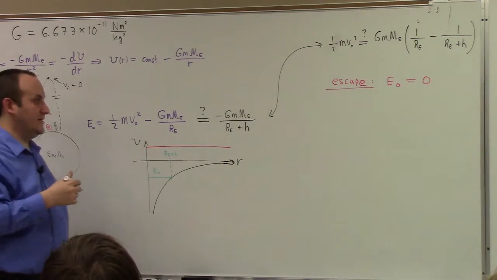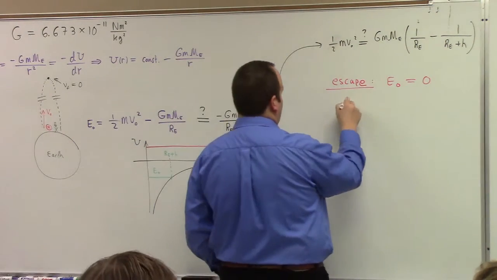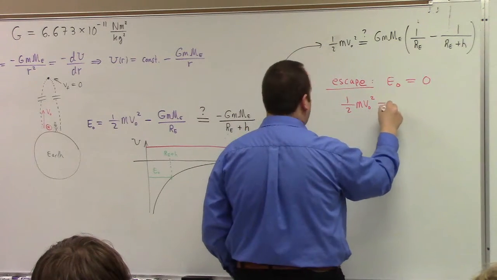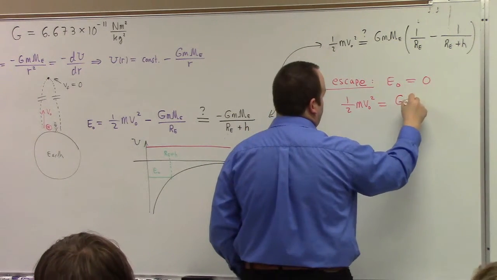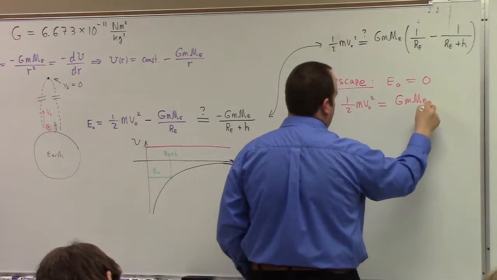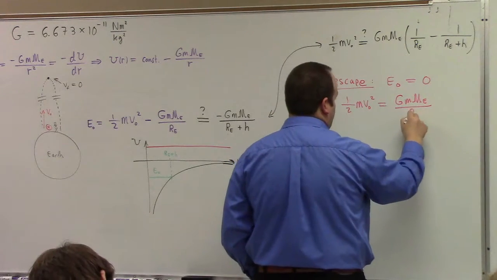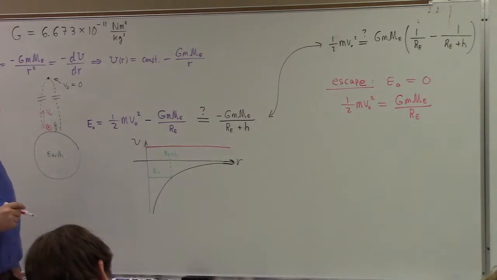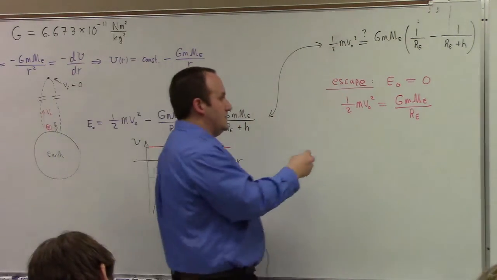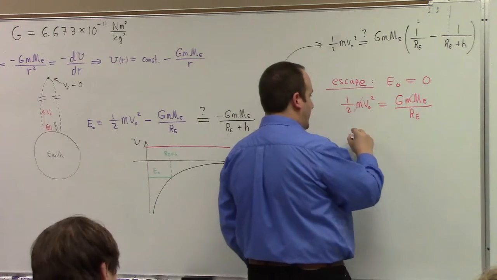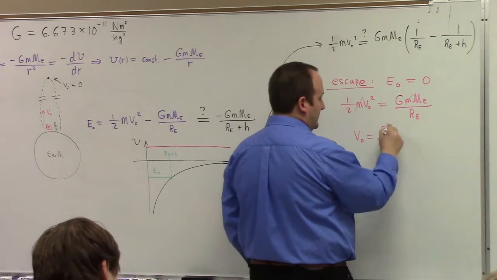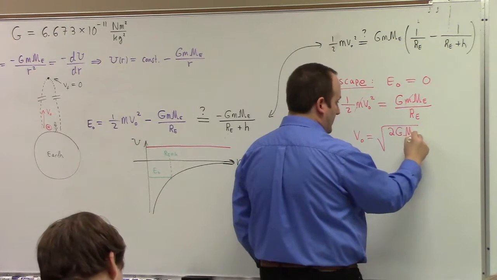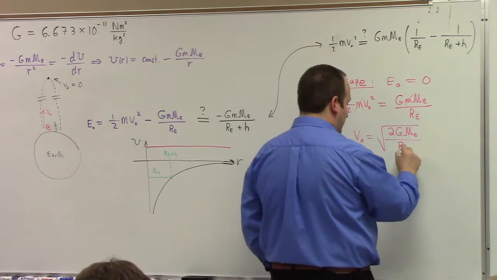So that would be when 1/2 m v naught squared equals G m M of the Earth divided by the radius of the Earth. We cancel the m's, and we get v naught equals the square root of 2 big G, mass of the Earth, divided by the radius of the Earth.